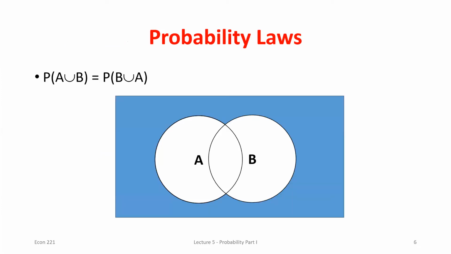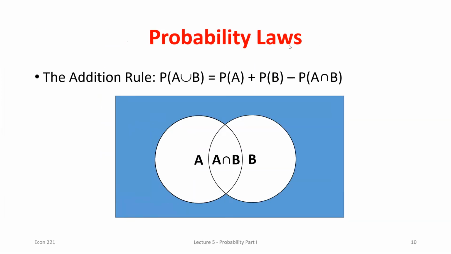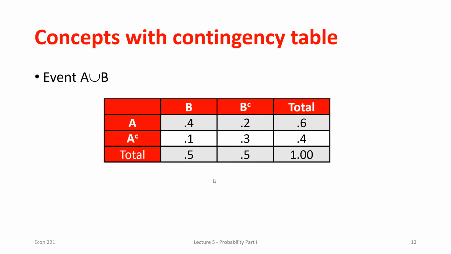What I think is easier is taking this rule where the union is just the probability of the two events minus what you've double counted, or subtracting the intersection. If you want to do that with a contingency table, same numbers here, right? I can find the probability of A, which is 0.6, the probability of B, which is 0.5, and then subtract out the intersection, A and B, which is 0.4.